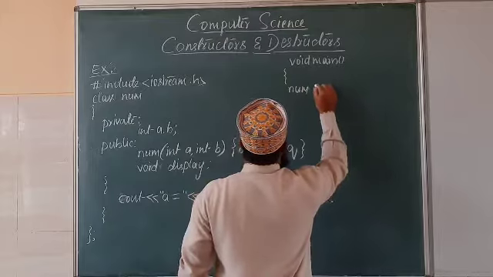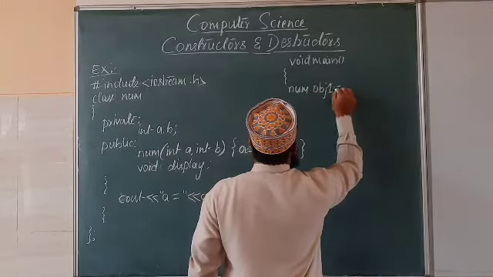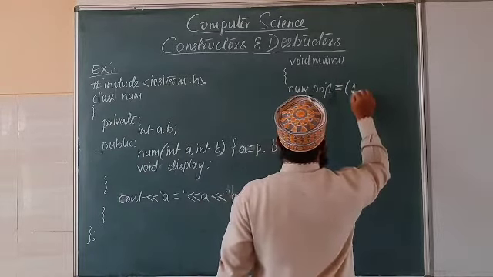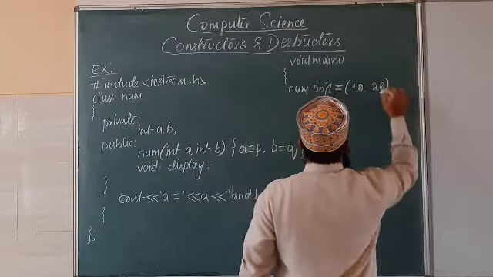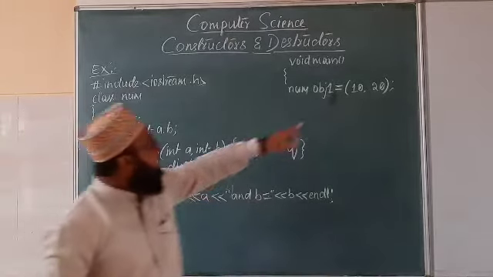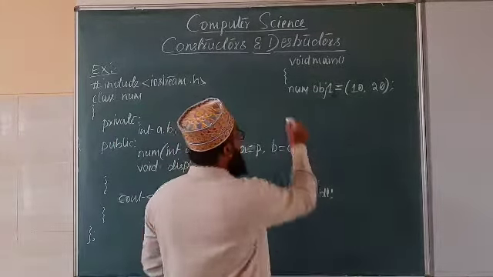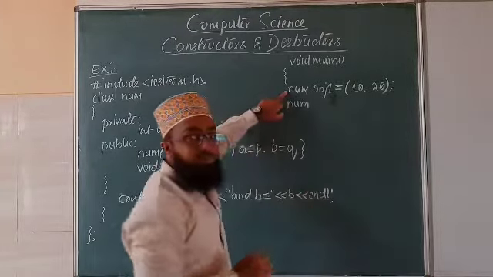Num, then object1, should be given with the assignment operator, then a group of arguments enclosed in parenthesis. This is the first explicit call. And next, what is this?